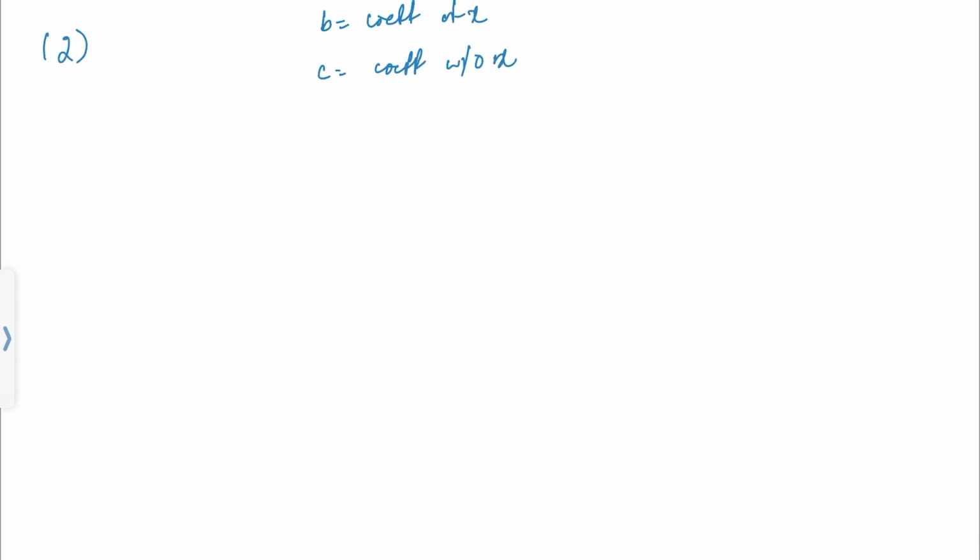So b is 2 whole squared minus 4 into k into 3k minus 1 equals 0. This gives 4 minus 12k squared plus 4k equals 0. Dividing the whole equation by 4 and taking the k squared term to the other side, we get the final equation 3k squared minus k minus 1 equals 0.